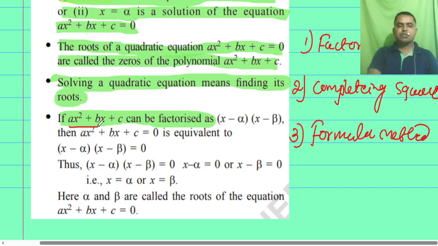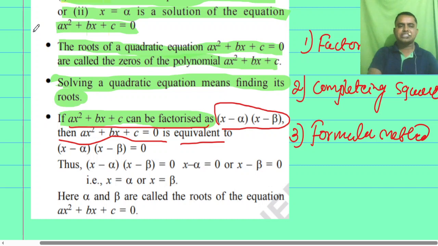If ax square plus bx plus c can be factorized as x minus alpha and x minus beta, then ax square plus bx plus c is equal to 0 is equivalent to x minus alpha into x minus beta is equal to 0.